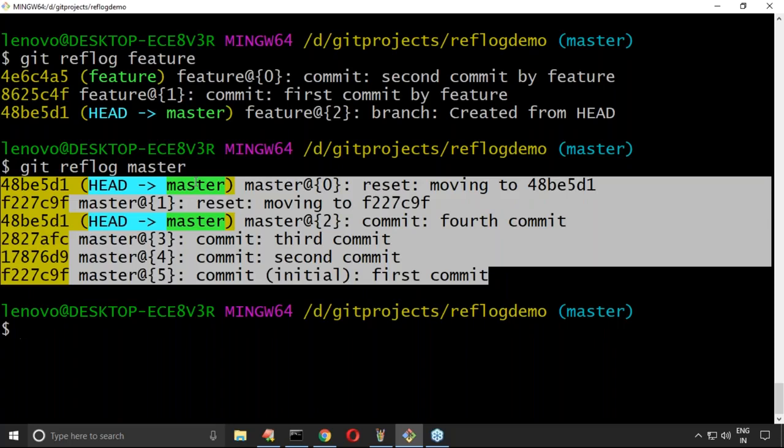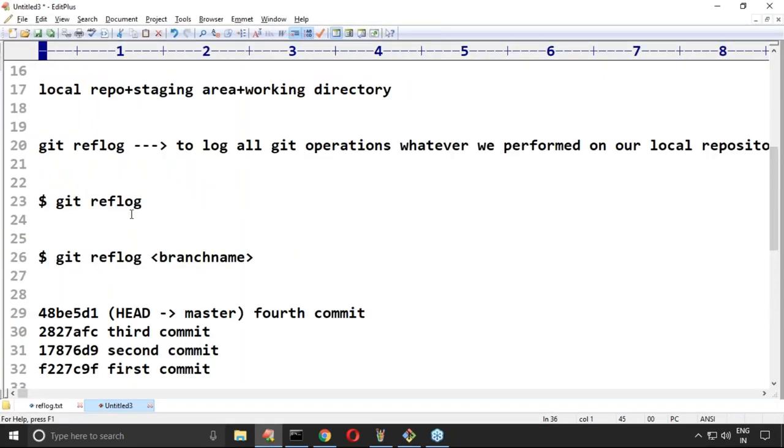This is the beauty of the reflog command. It is a bit more helpful when compared with git log. It is to recover the state even though we did some destructive operation. This is going to be very helpful. Any explanation required? Can you please confirm?